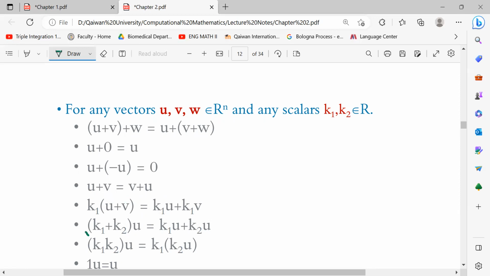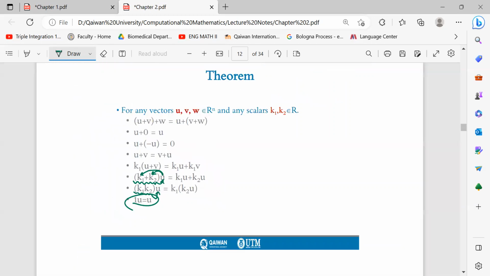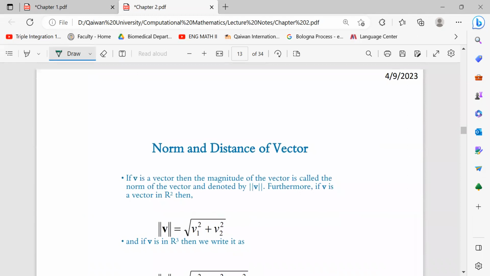Then, if we have the sum of 2 scalars multiplied by the vector, we can multiply the vector by both scalars. If we have the product of 2 scalars multiplying a vector, you can multiply one by one to the vector. And if we multiply any vector by 1, it is the vector itself. So it's enough for now.